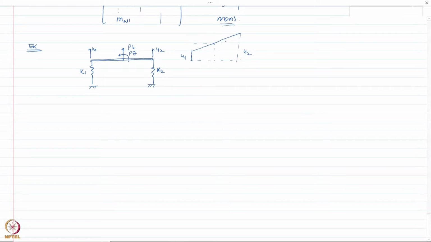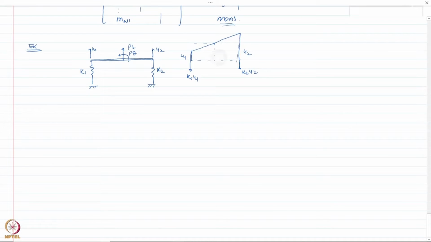Now as you know, you have a spring here, so when it is deformed by u1, the force that would be applied here would be k1 u1, and then there is another force which is k2 u2. Now I'm going to apply two pseudo quantities here. Okay, because this bar can translate and can rotate, I'm going to apply the pseudo translational inertial force and the pseudo rotational moment, against the direction of translation and rotation.